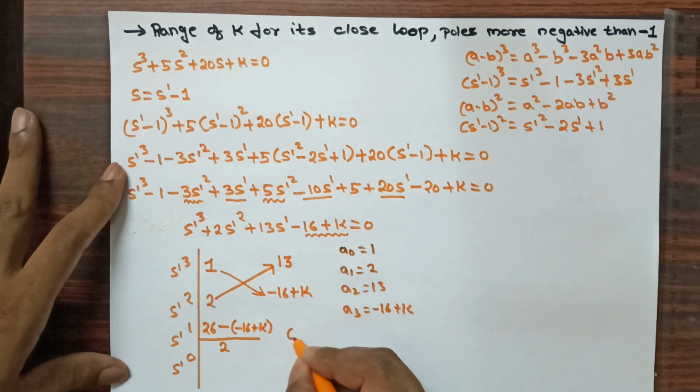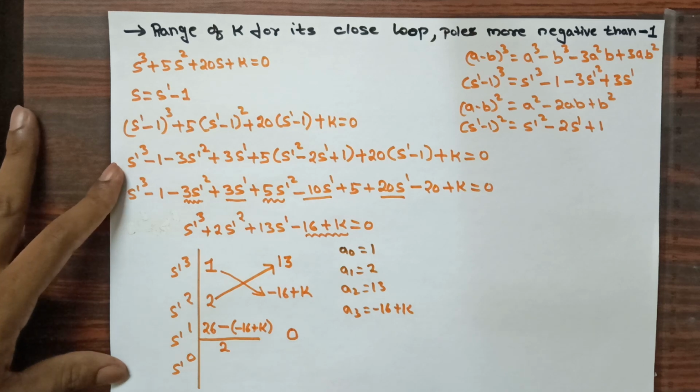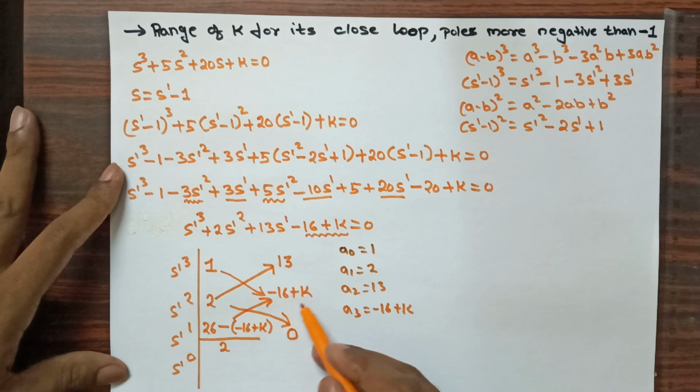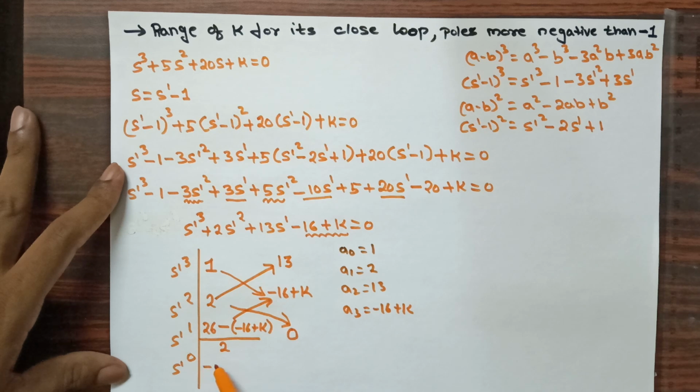Therefore I am writing the second value as 0. Now to get the last row, I am going to multiply this whole value with minus 16 plus k, and diagonally this 2 is going to be multiplied with 0. And as I said, when you see a diagonal 0 multiplicand, then we can consider the above value as the resultant value, that is minus 16 plus k. So here in the s to the power 0 row I am writing minus 16 plus k.